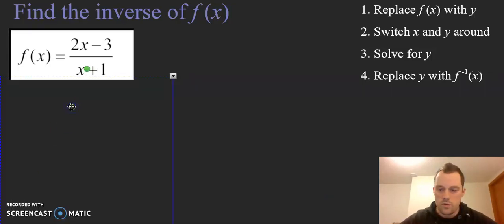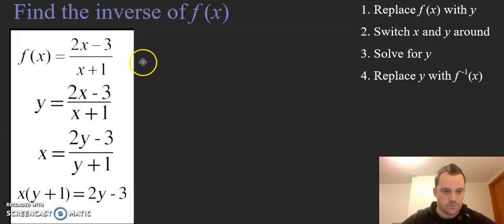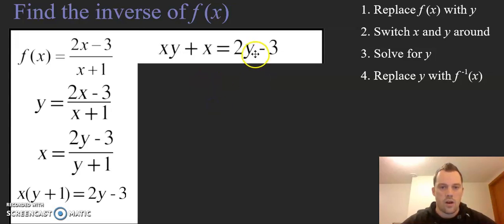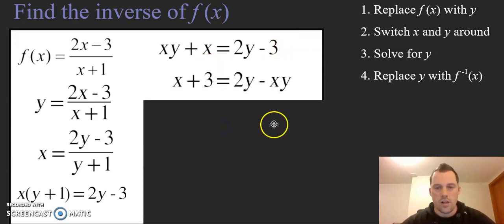So we do the same steps here that we did before, get rid of the rational, and now we want to, again, get the y values on the same side. So let's say you subtracted xy over to the right and added 3 over to the left. What does that look like?